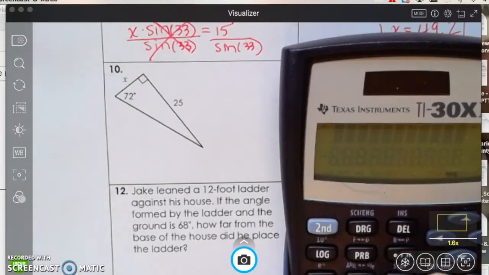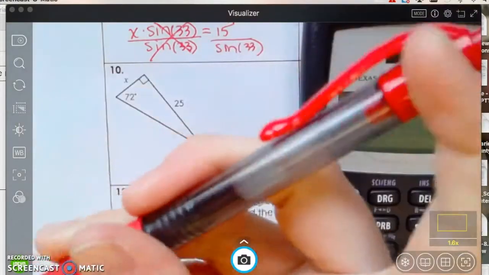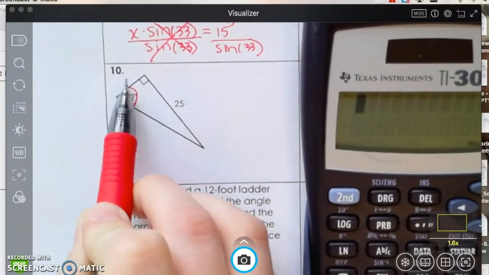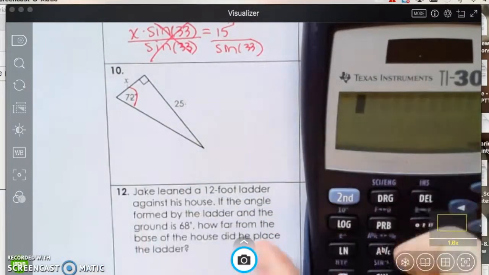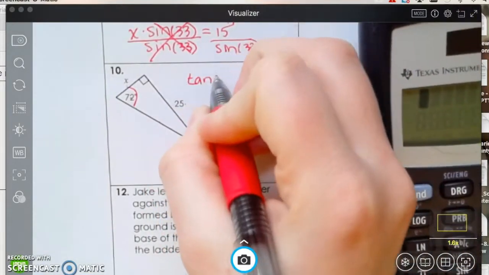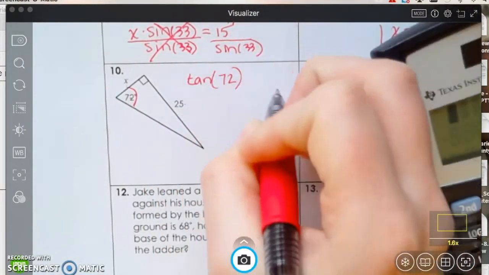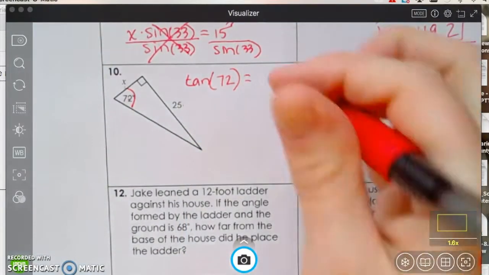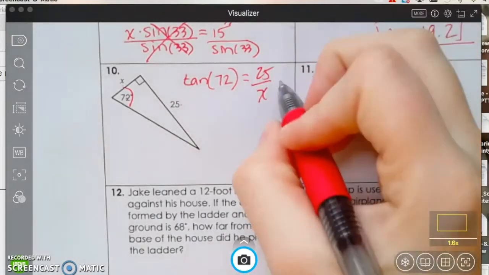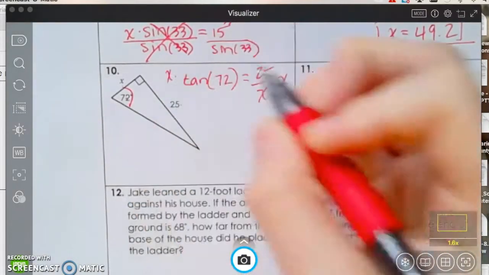For number 10, let's see what we have. We're given this angle here. We want to go opposite and adjacent. So which one uses opposite and adjacent? That would be the tangent of 72 degrees equals 25 over x. Multiply both top and bottom by x. Cancels out over here.